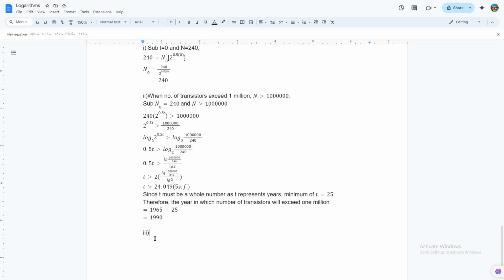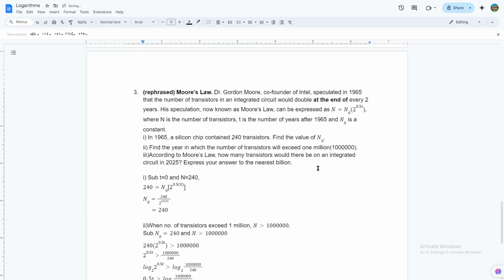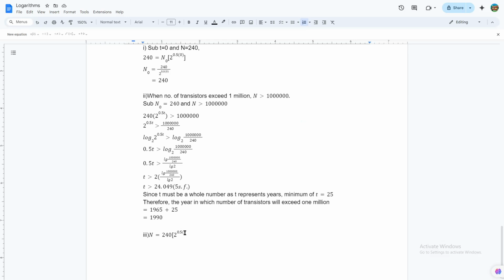We can go straight to the equation. n equals n0, which is 240, times, in square brackets, 2 to the power of 0.5 times t. Since t is the number of years after 1965, we can't plug 2025 in here. We need to plug in 2025 minus 1965.